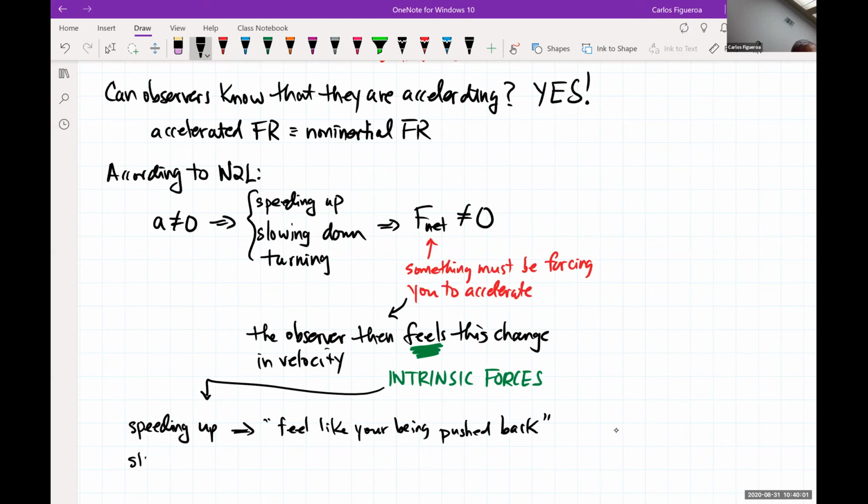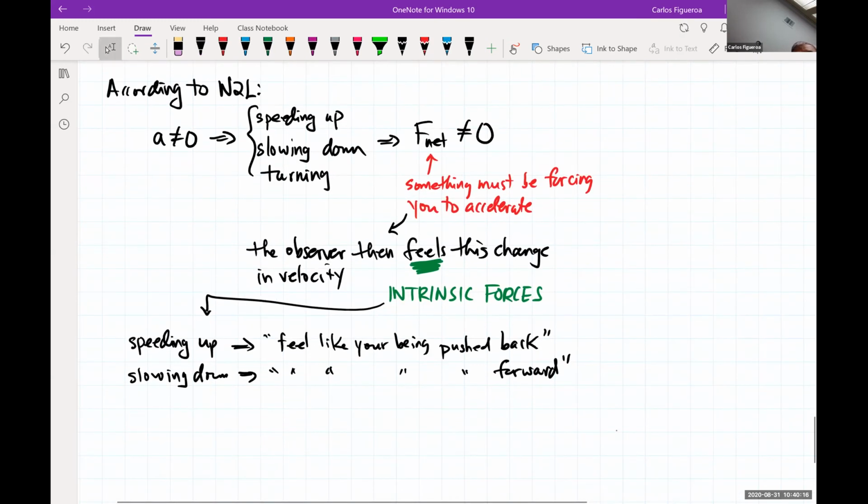And if you're slowing down, you feel like you're being pushed forward. It looks like somebody's on your back and pushing you forward, but of course, that's a pseudo force. That's an intrinsic force. It's not something that's really happening. What's happening is that your body is moving faster than the car, and therefore you go forward.